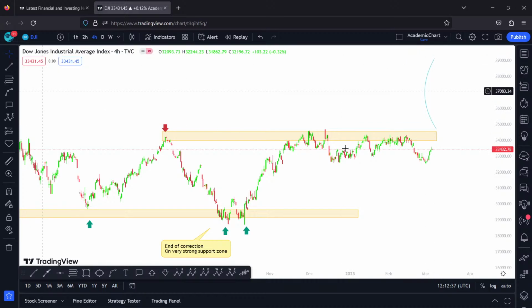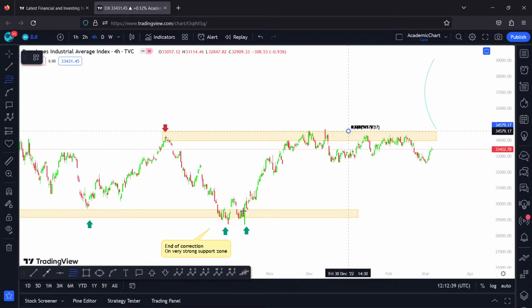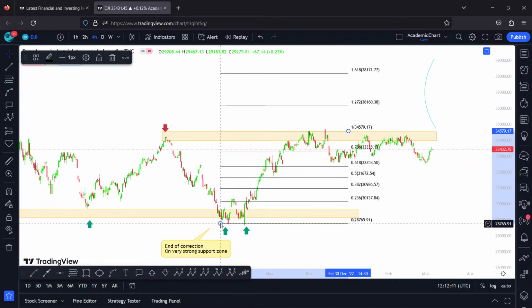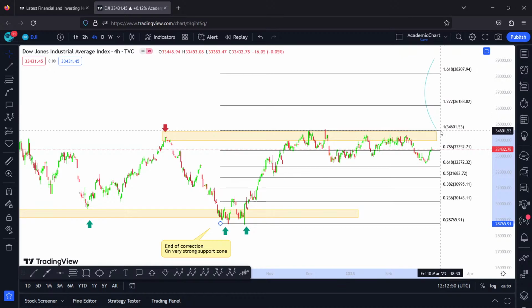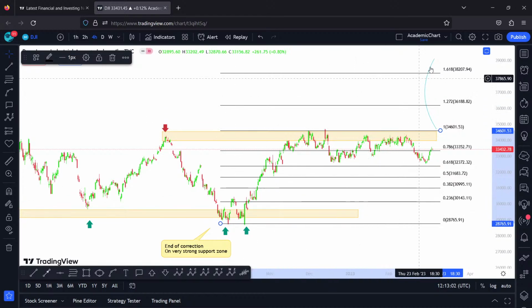And now if I redraw again, I know several times I draw it and remove it. This is even higher. So this is again telling me, a third indication. The first indication is a third wave. Target is 161. The second indication was that the whole correction was so short, so it might be there.